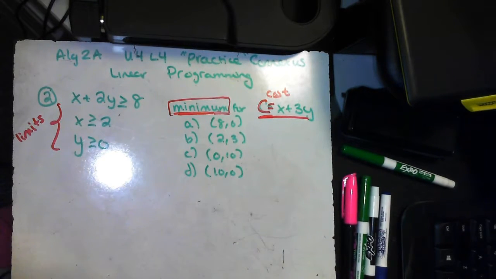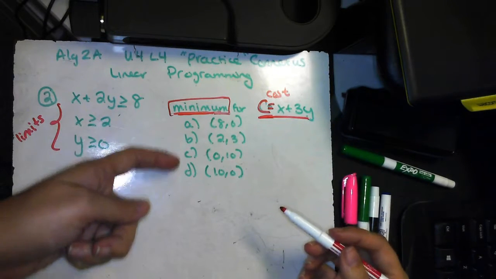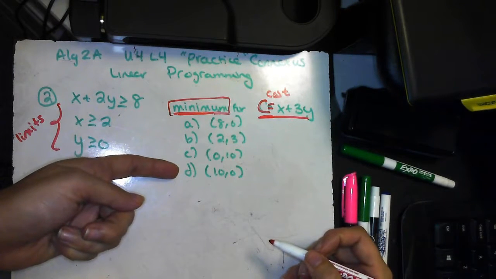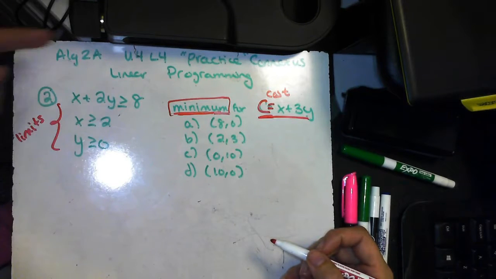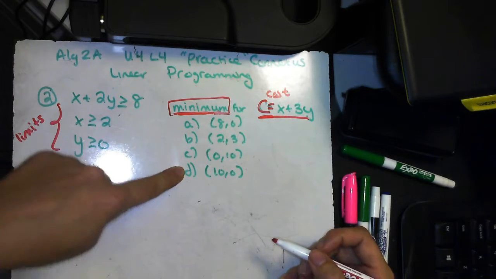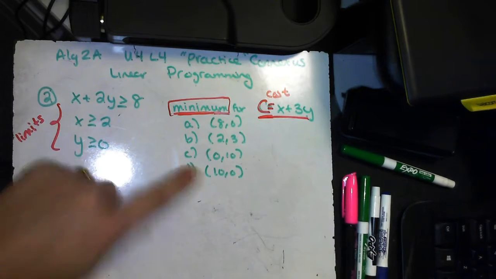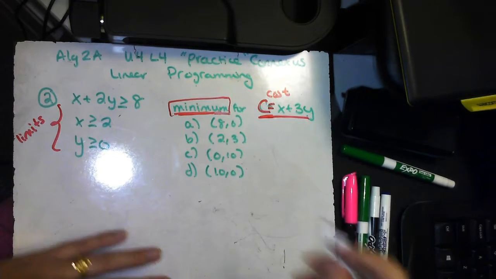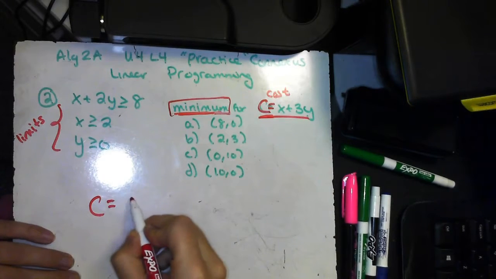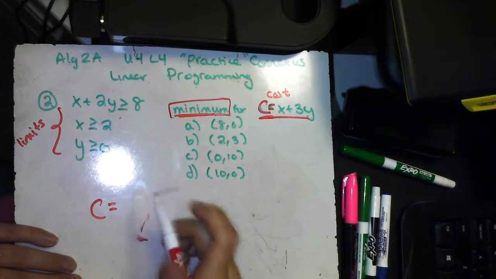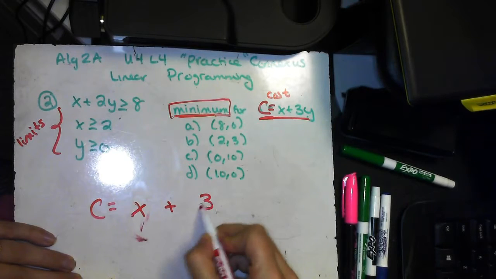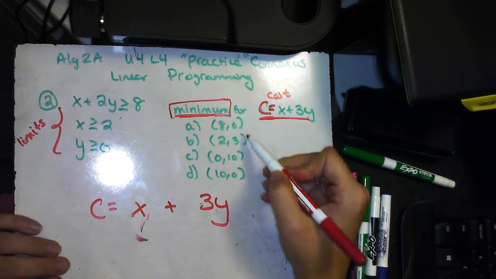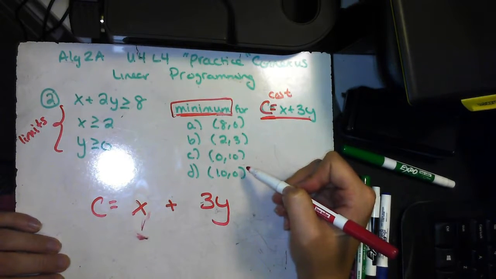Now, if they give you a multiple choice option, they have already done the work and given you some points to work with. So if I really wanted to make things a little easier on myself, I would take the equation that I'm trying to minimize and go through and plug in your options.